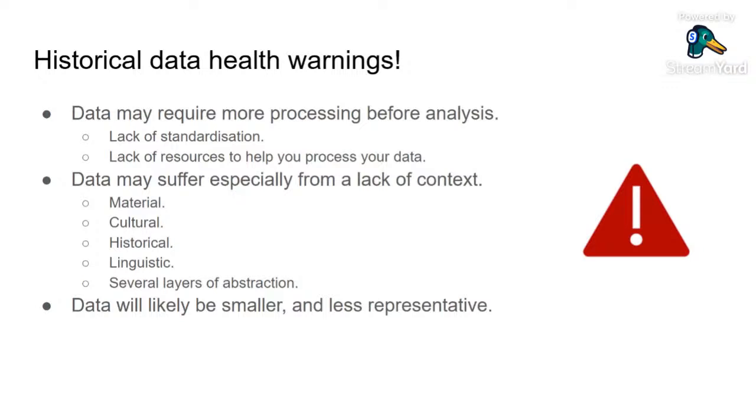Consequently, it's really important to realize that a digital historical text has not just been separated from its material context, but also its historical context, its linguistic context, if it's been translated or normalized, and its cultural context. So it's important that you find ways to reconnect with these contexts. Otherwise, your analysis is going to be rather shallow.